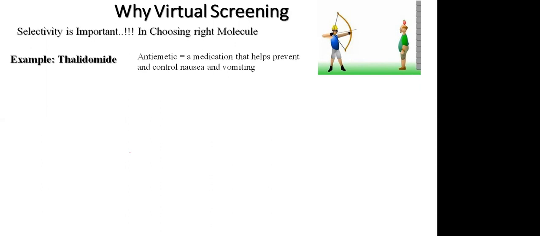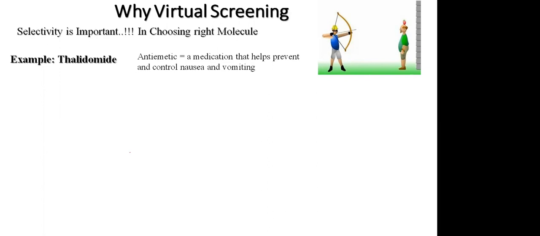Very few chances, right? There might be a chance of the arrow hurting the person opposite. So selectivity is more important, and selectivity can be achieved through virtual screening, because only selectivity will define the right molecule.